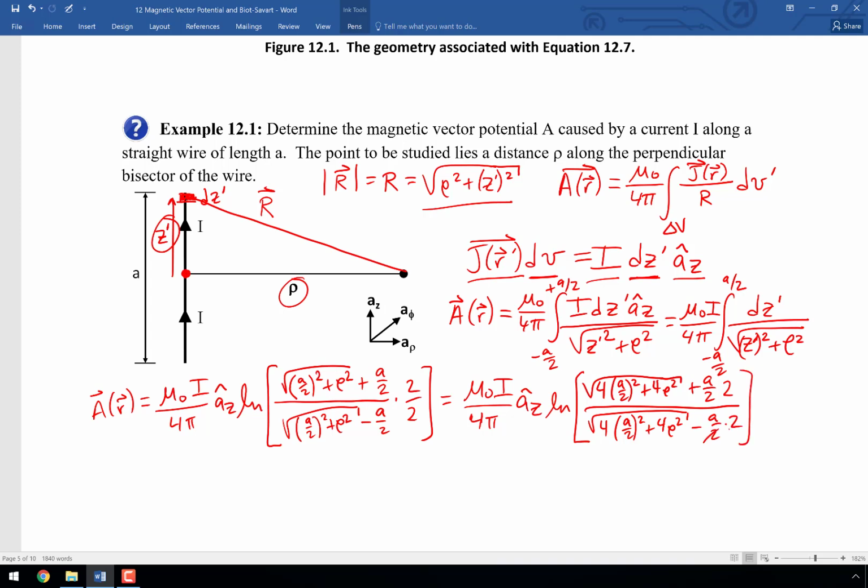Now you can already see, I'm sure, that those 2's are going to cancel. That's going to help us quite a bit. And the 4 is going to cancel with the 2 squared in the denominator. So this 4 is going to cancel with that 2 squared, and that 4 is going to cancel with that 2 squared.